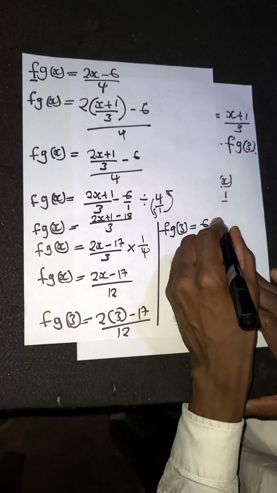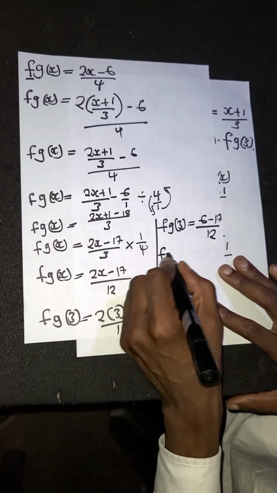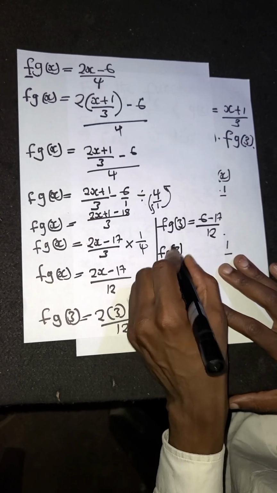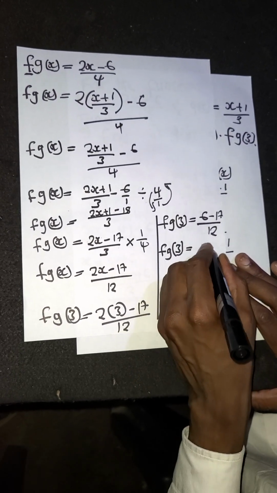So we have (6 minus 17) over 12. So fg of 3 is equal to 6 minus 17, we get negative 11 over 12.